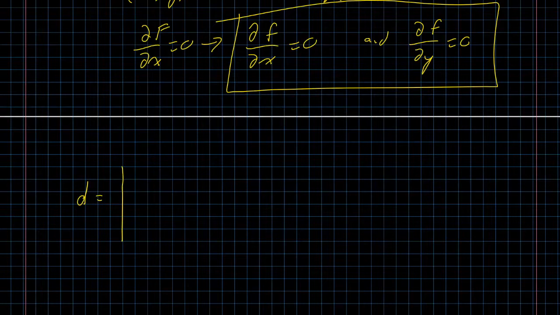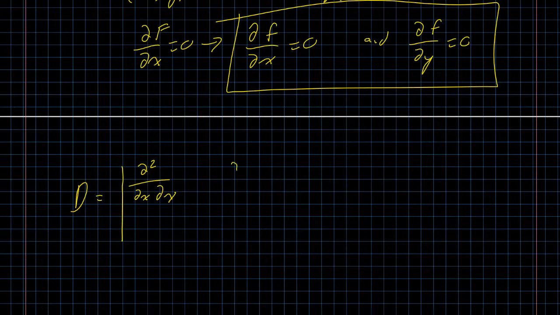And we're just going to set up a derivative matrix where we're going to take, actually, let's call this thing capital D. We're going to set up capital D where we're going to take the partial derivative with respect to x twice in the first row, first column.